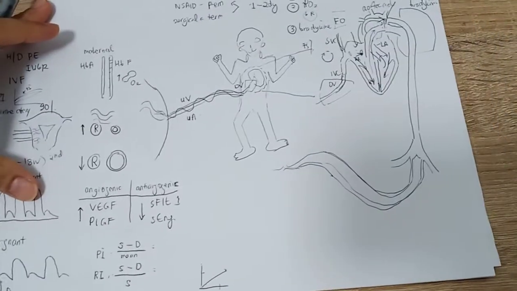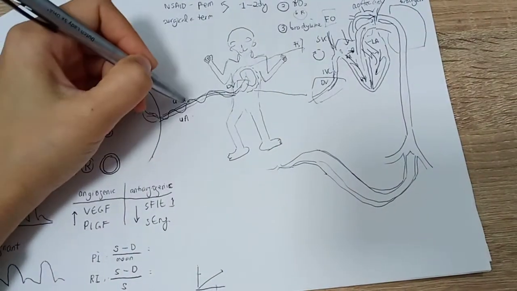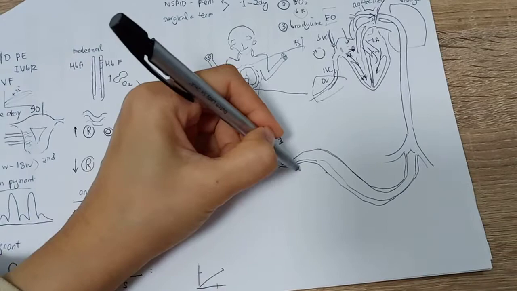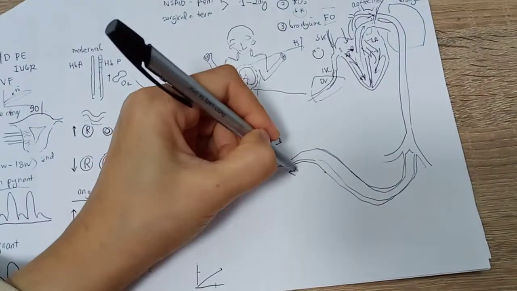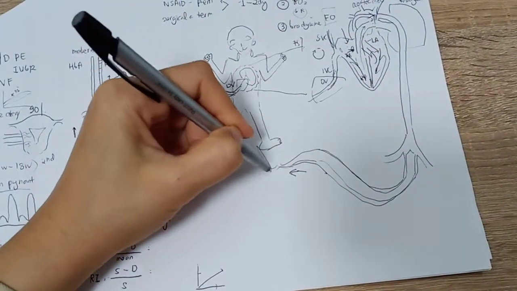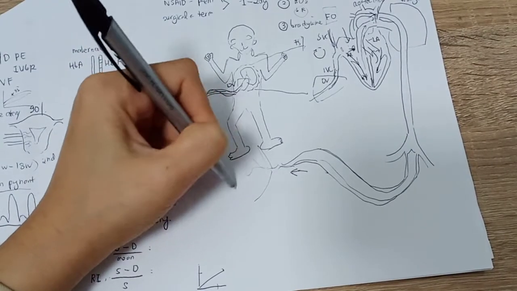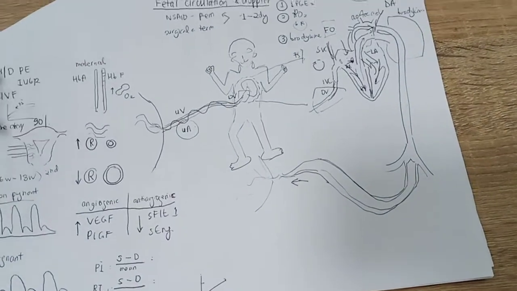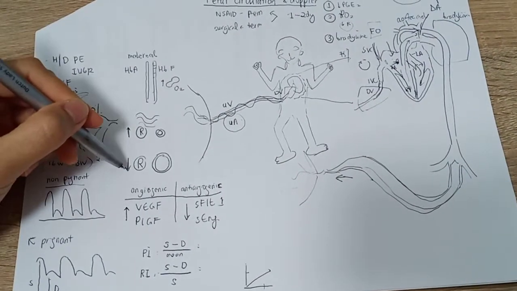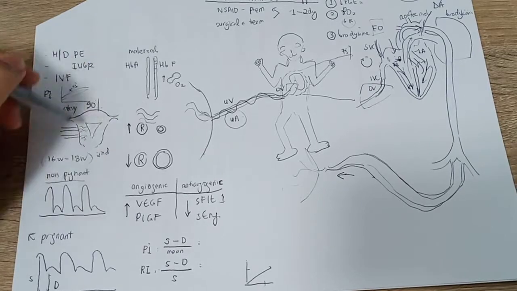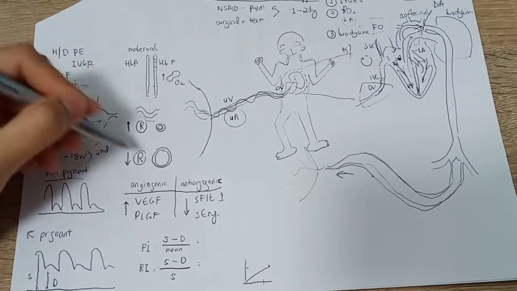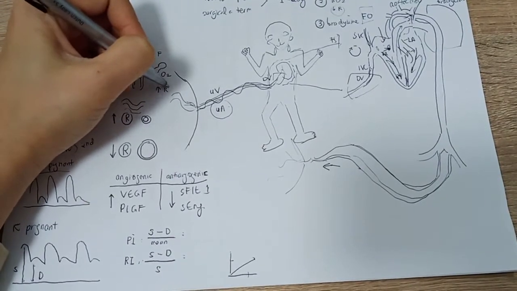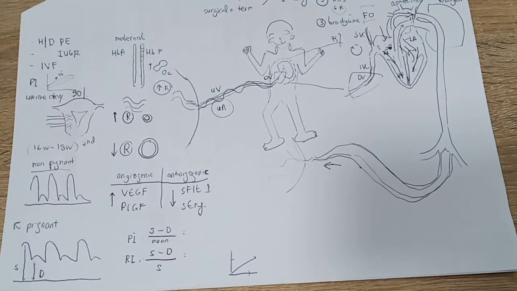Okay, so now we move to the umbilical artery. When we talk about the umbilical artery, we are talking about the deoxygenated blood from the fetus to the placenta. So we are actually talking about the pressure in the fetus. Now we know that in preeclampsia, when there is poor second wave trophoblastic invasion and endothelial dysfunction, there will be high resistance and also high pressure in the maternal circulation.